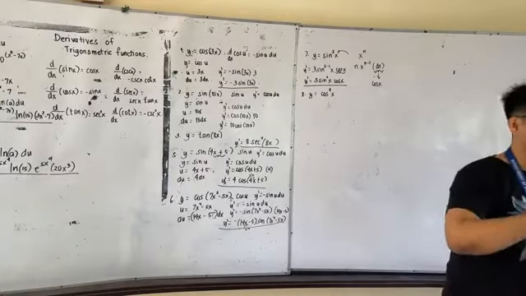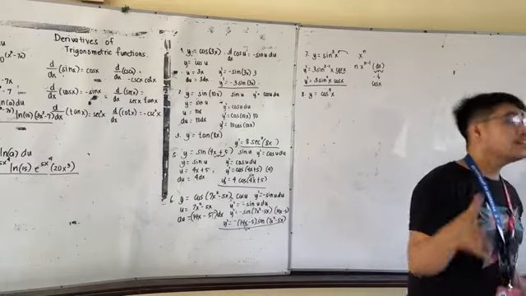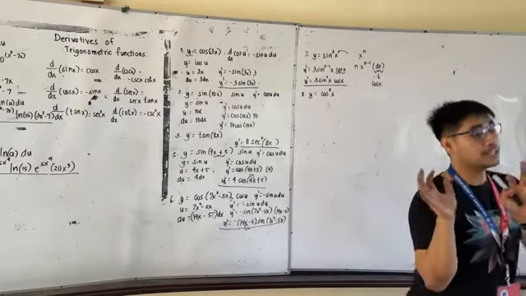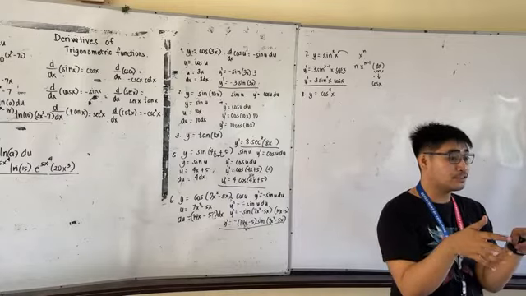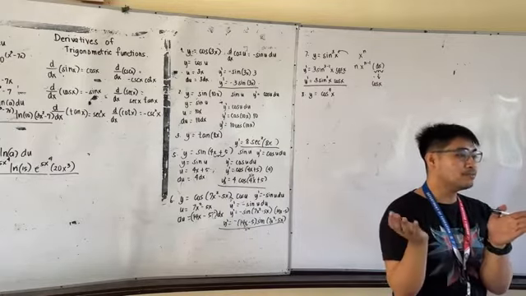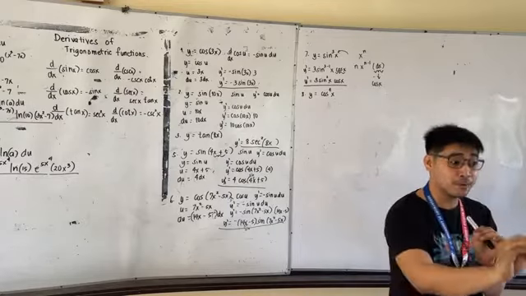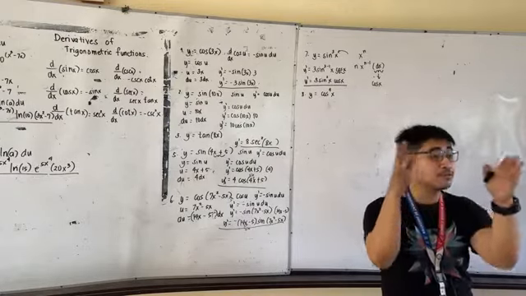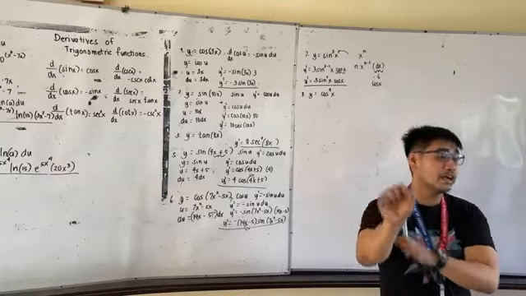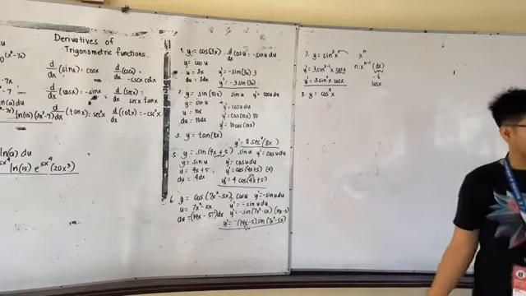Bring down the exponent, subtract 1 from the exponent, and then multiply that to the derivative of the function. Okay? Doon sa derivative ng function, wala na siya dapat exponent. Is that clear? Kasi ang tinitingnan na lang natin sa kanya is yung mismong function itself and not anymore the exponent.